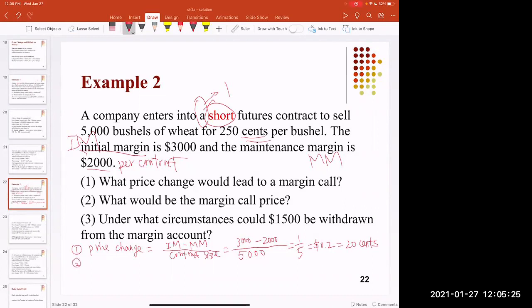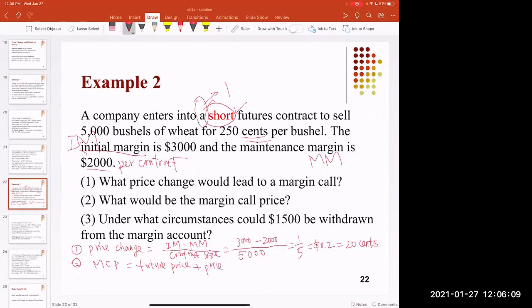Question 2 asks you the margin call price. Since this is a short position, you're going to expect a loss, because margin call means you lose money, right? So the margin call price should equal the futures price plus the price change.